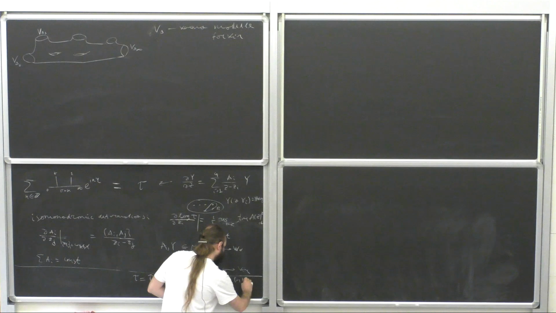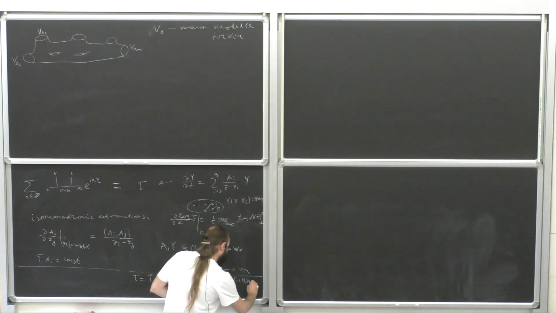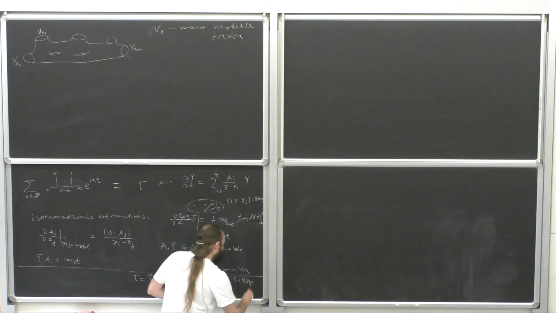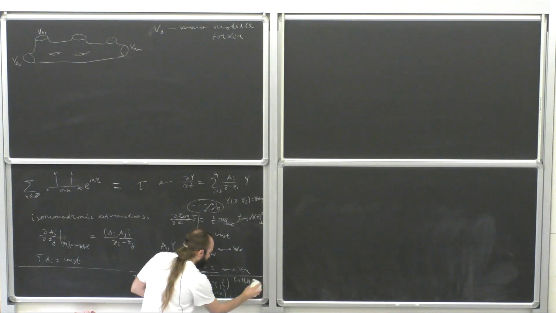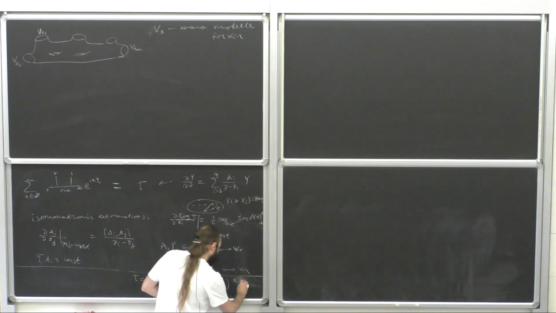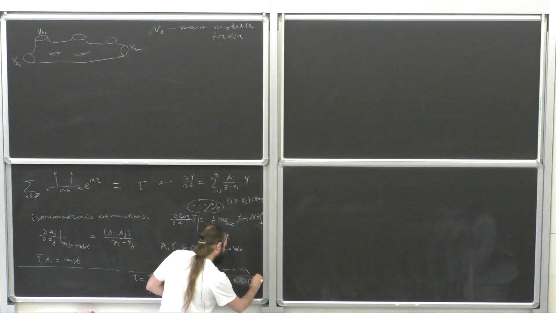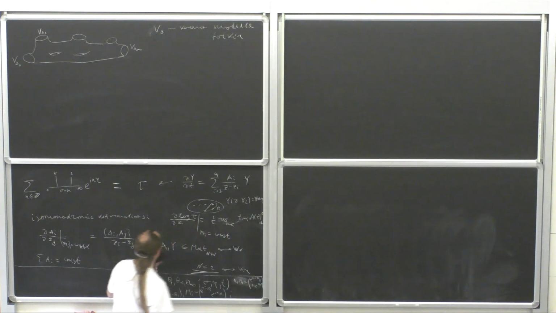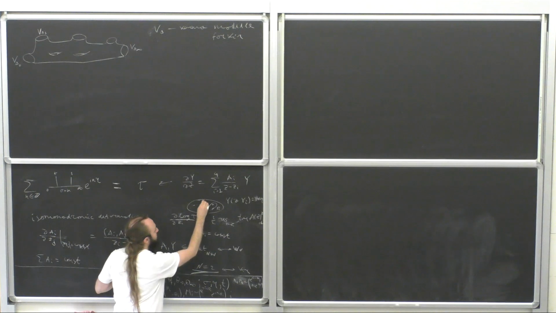Trace M0 Mt equals, well, let us maybe write it this way. M0 Mt is conjugate to e to the 2 pi i sigma, e to the minus 2 pi i sigma, 0, 0. So it is monodromy around these two points.